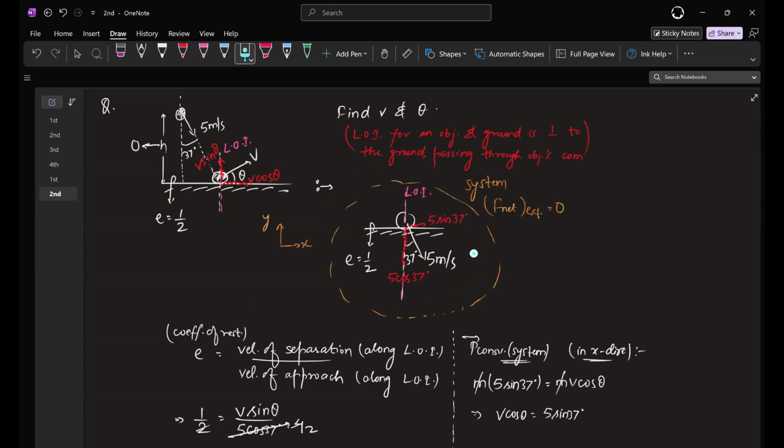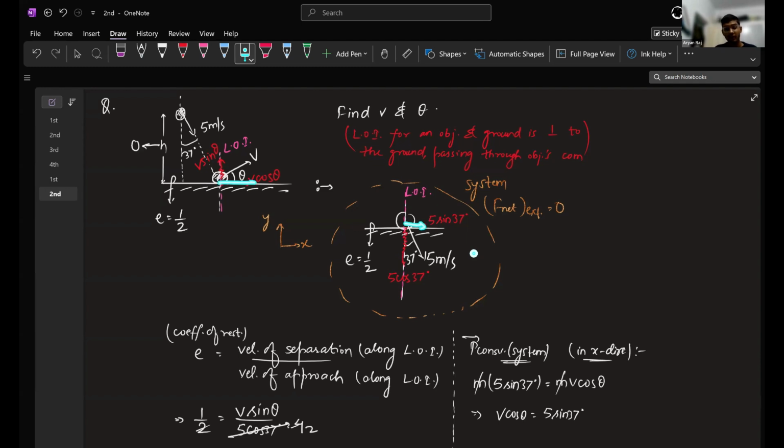So all in all, you just have to remember that whenever an object is colliding with a floor or a ground or a wall, which is always going to remain at rest, then that component of velocity which is not participating in the line of impact always remains conserved. This is completely along the line of impact, and this is completely not along it.